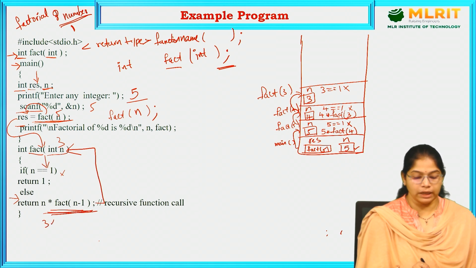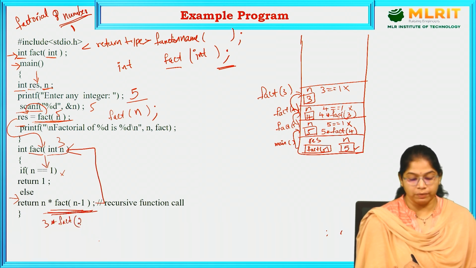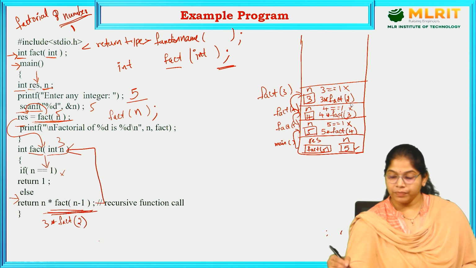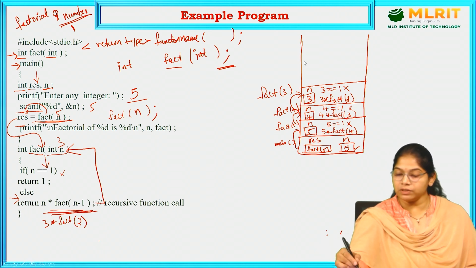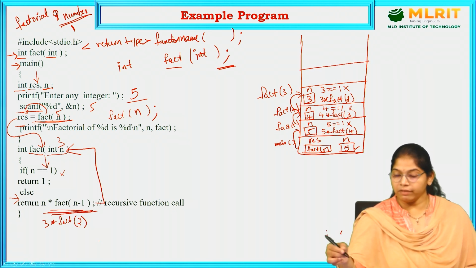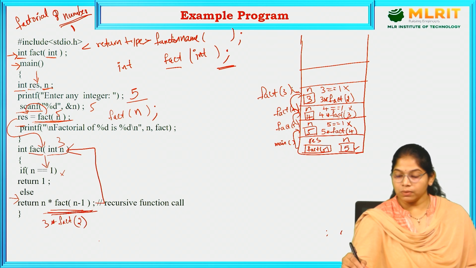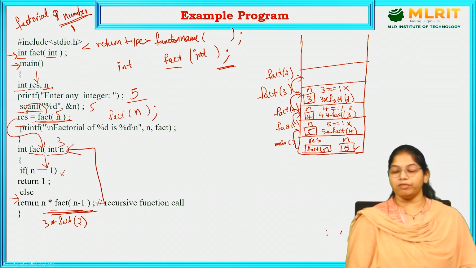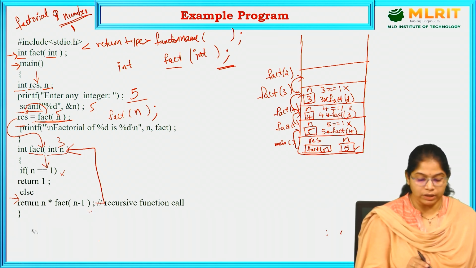So 3 into fact of n minus 1, 3 minus 1, now it is 2. So return 3 into fact of 2, where fact of 2 is like a function, like fact of 3. So one more segment of memory is allocated to fact of 2. Now n value is 2.